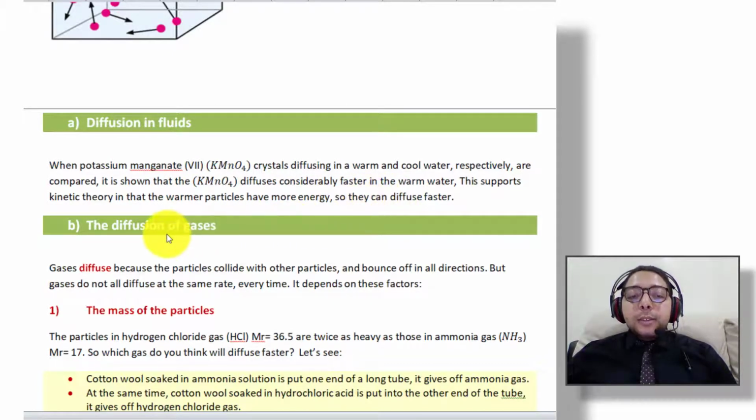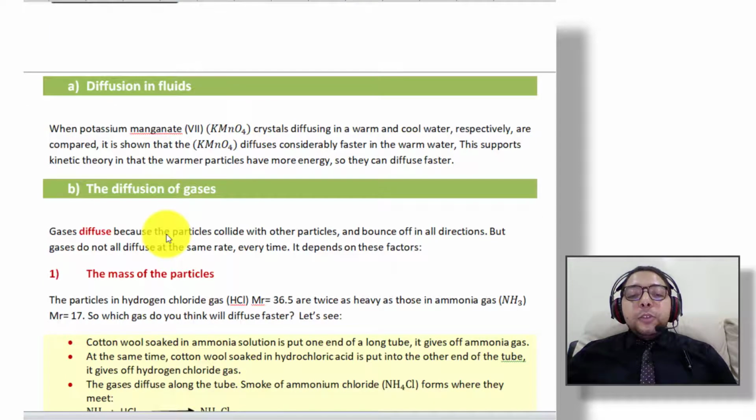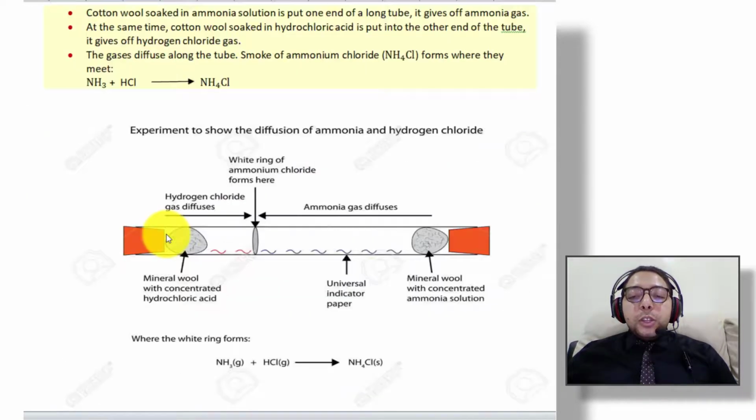On the other hand, diffusion in gases takes place much faster than in water. Right now, I'm going to give you an example of diffusion in gases. This example comes up frequently in past papers. Here we have a diffusion tube. It has two openings, and it's closed by corks.